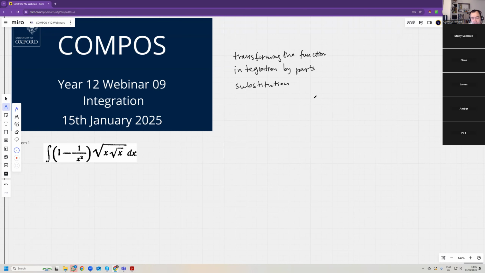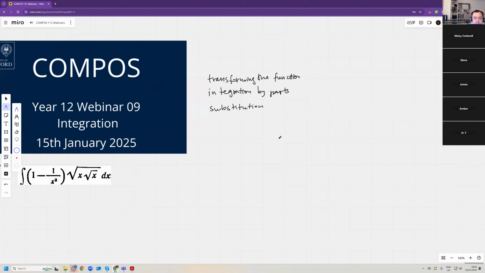With differentiation, it was super easy. If you have uv dash, it's u dash v plus uv dash. There's no such rule in integration. When you had a derivative of u over v, the derivative is u dash v minus uv dash over v squared. There's no equivalent in integration.